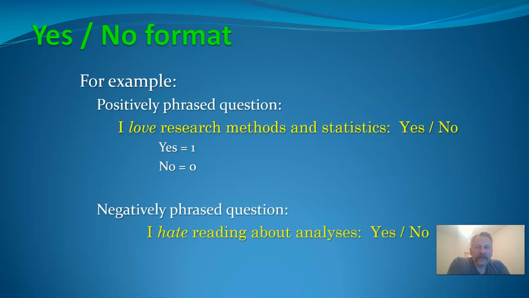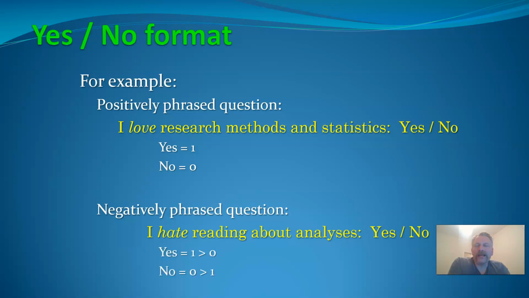However, if we introduce a negatively phrased question, so I hate reading about analyses, obviously we've still got to use the same yes-no format, but that introduces a problem. Someone who loves research methods and statistics is going to say yes to that, and they get 1 point. That same person, if they read I hate reading about analyses, they're more likely to answer no on that one.